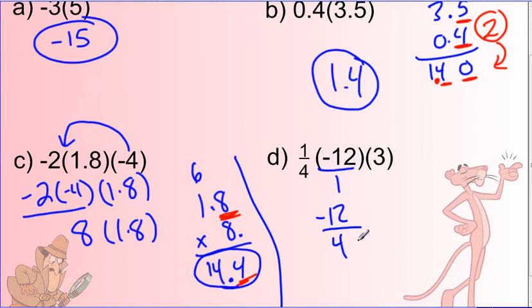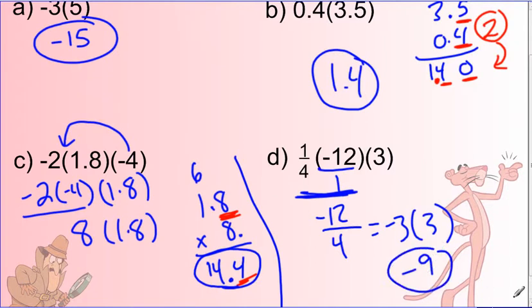Now, we can simplify that. -12 divided by 4 is actually -3, so this piece equals -3. And we take that times 3, and -3 times +3 is 3 times 3 is 9. The signs are different, so the answer is negative. There we go. So we got ourselves a -9.